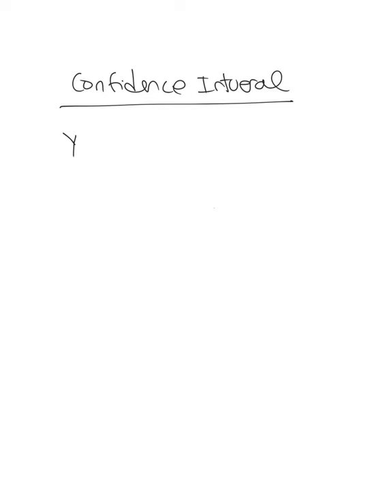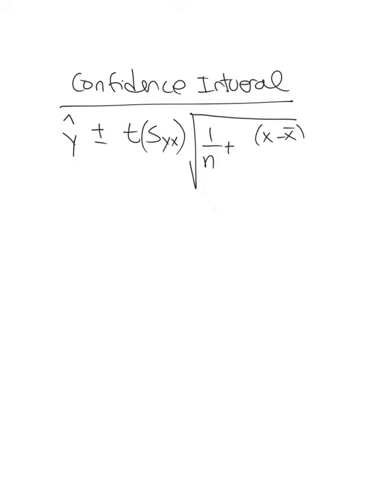So the confidence interval is built this way: y hat, the predicted value of y, plus or minus t, which is the t statistic that you can get from the t table, times the standard error of x and y, which is what we calculated in the previous step, times the square root of 1 over n, the number of observations, plus x minus x bar squared over the sum of x minus x bar squared.